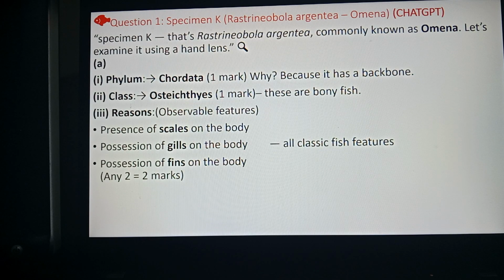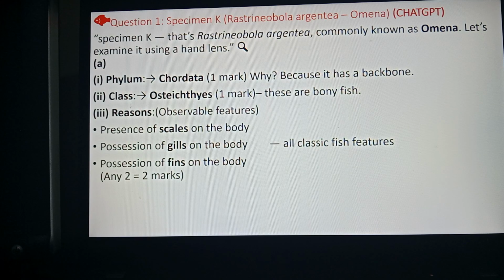When I tried to check for the answers in ChatGPT, this is what I got. Specimen K, that's Rastrineobolla argentea, commonly known as Omena. Let's examine it using a hand lens, and we find that the phylum is Chordata. Why? Because it has a backbone.